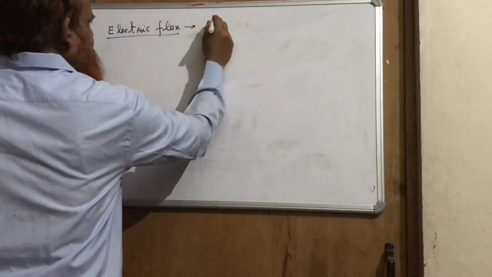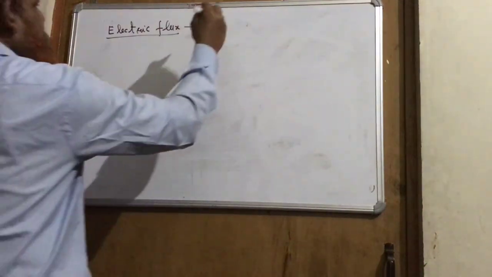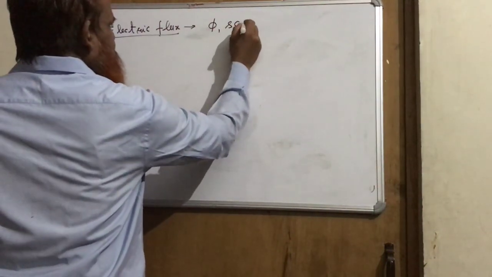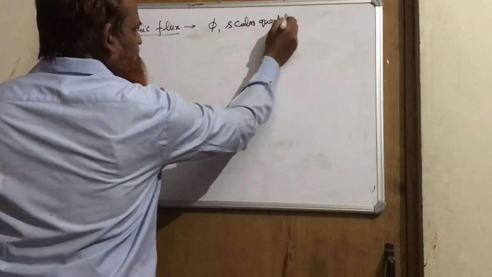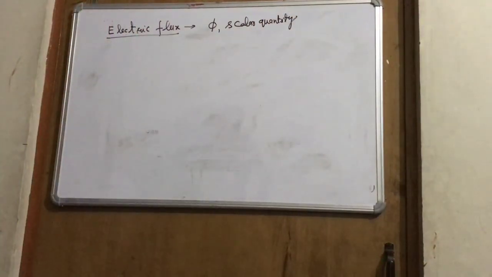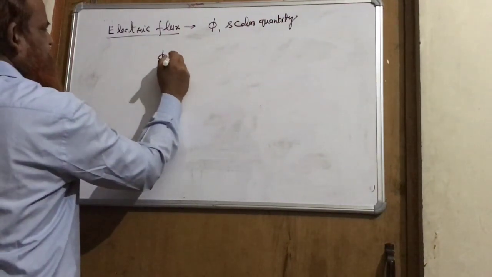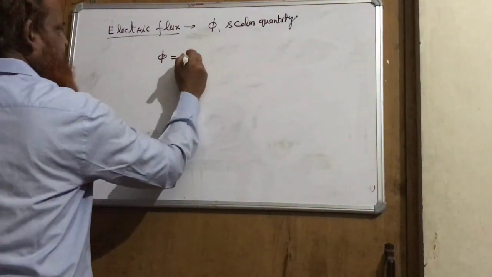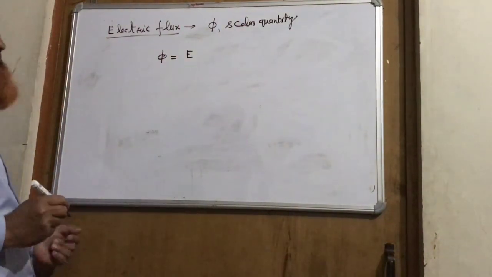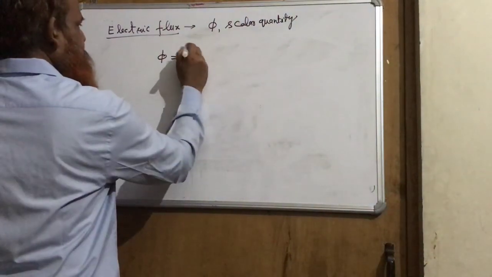It is denoted by phi and it is a scalar quantity. And phi is the total number of electric field lines. So electric field is the total number of electric field lines passing through unit area normal to it.